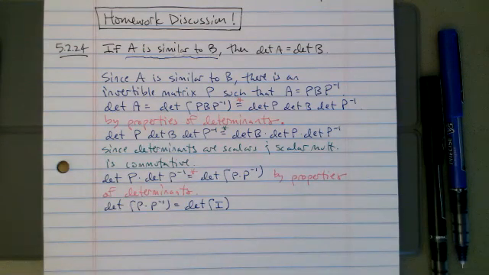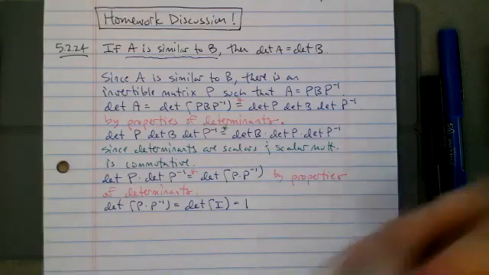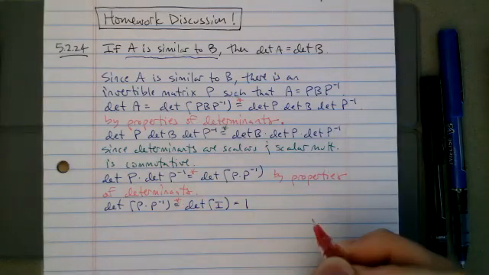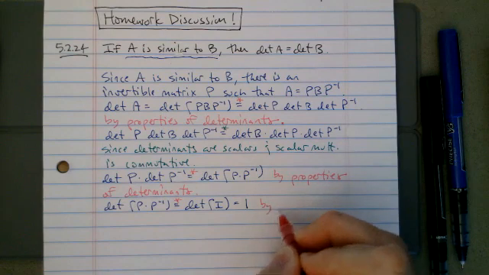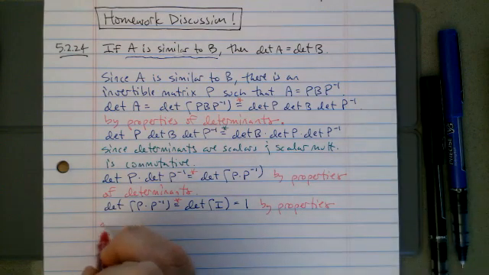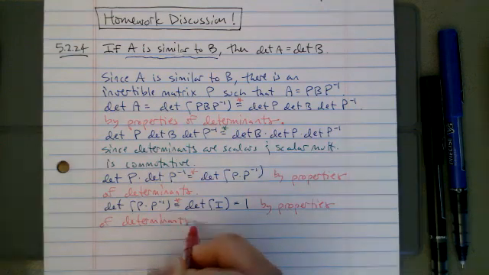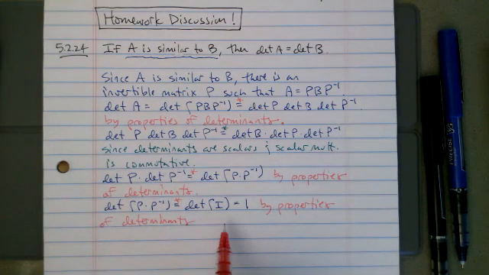And the determinant of the identity is equal to 1 by properties of determinants, just by calculation.